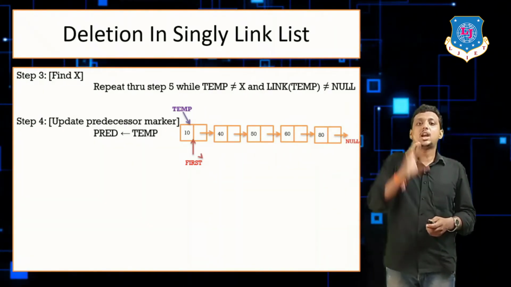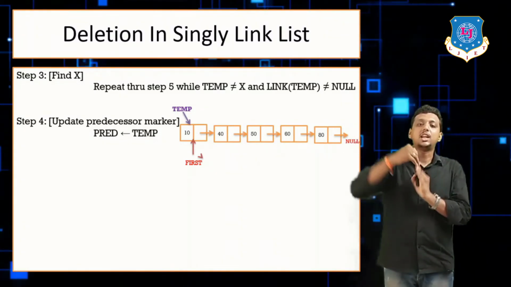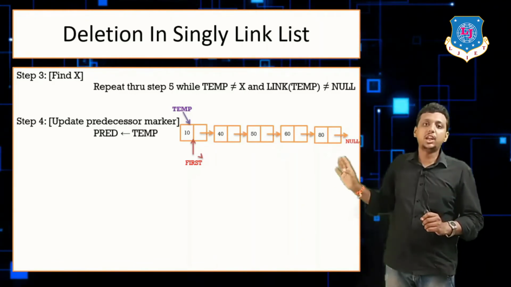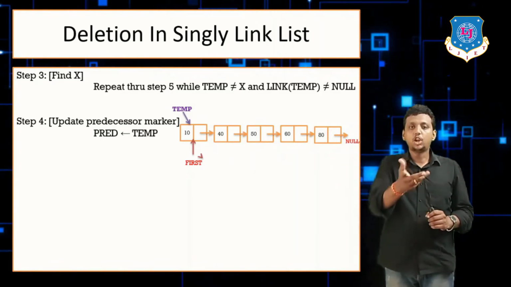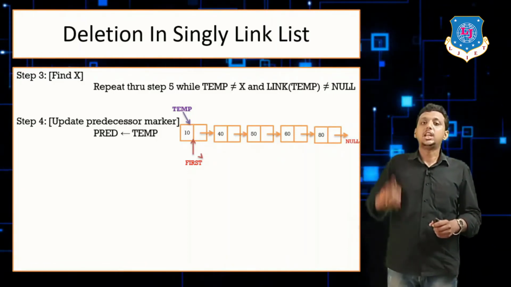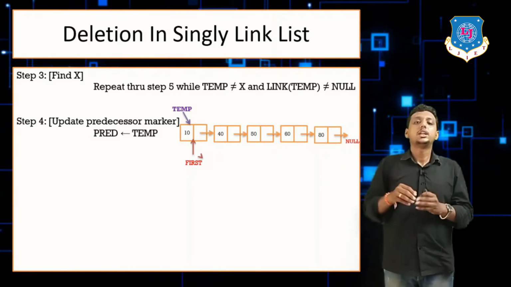If I have only one pointer, temp, and I stop temp at x, then the name of 60 is temp and the name of 80 will be link of temp. But what about 50? So I take another pointer, predecessor, which always follows temp.